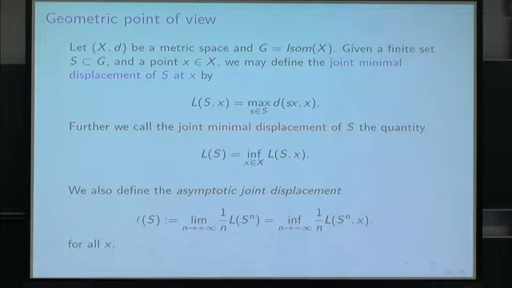I call this the asymptotic joint displacement. It measures the size of the orbits: the radius of the smallest ball that contains the image of x by the ball of radius n in your Cayley graph.